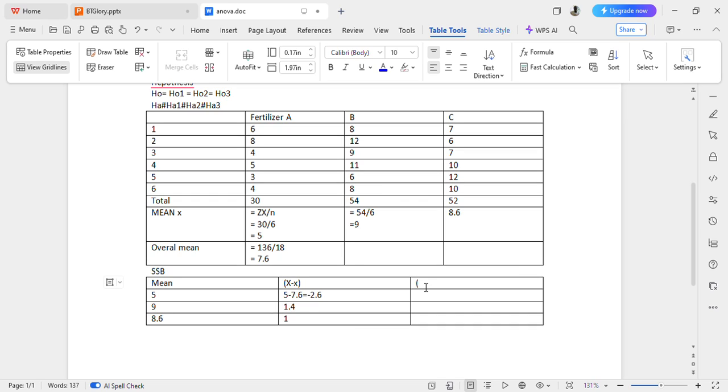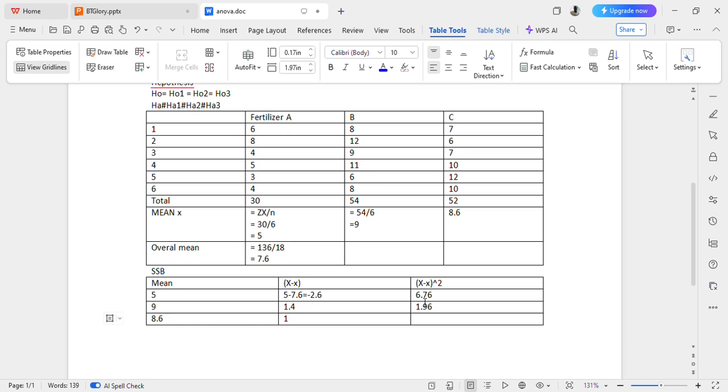Get the square of this, so that we get the sum of squares between. 2.6 times 2.6, so that we can eliminate the negatives, we get 6.76. 1.4 times 1.4, you get 1.96.